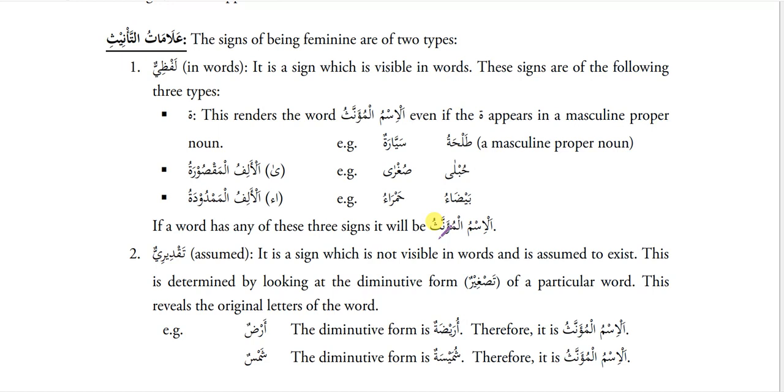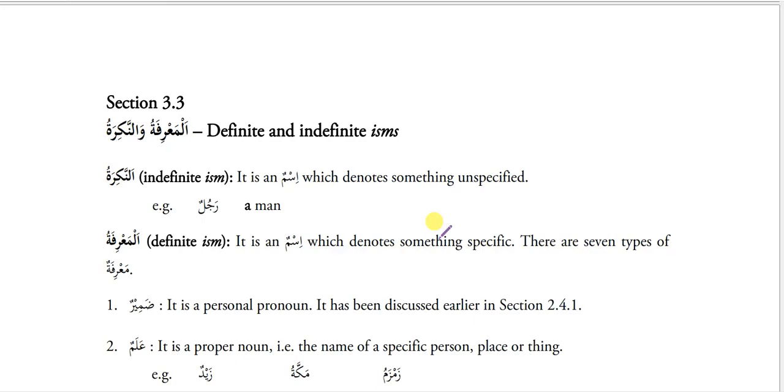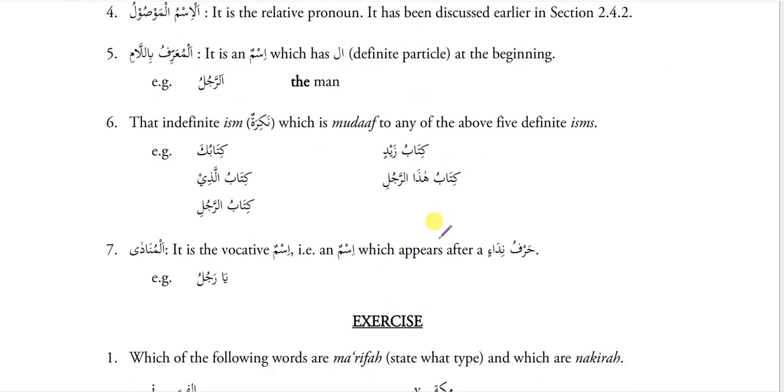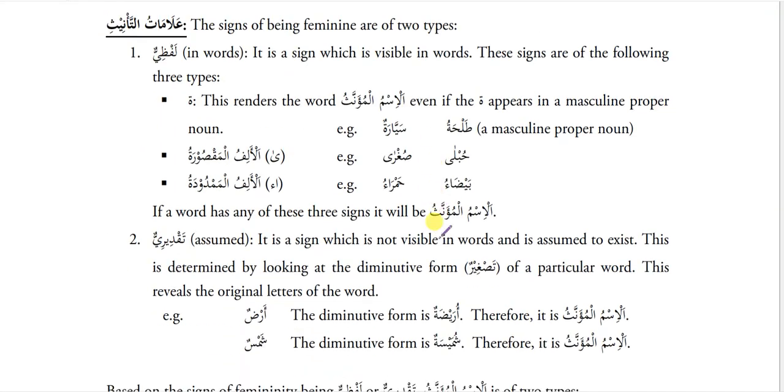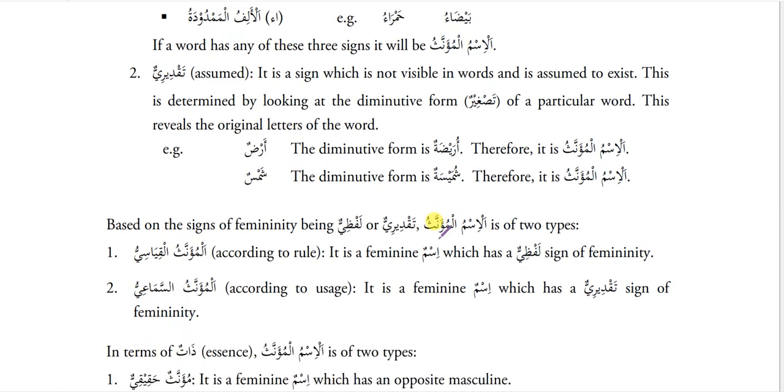Here the word talha is actually a muzakkar word with a muannas sign. So here talha is not a muannas word but a muzakkar word. So it is just an exception. Then if a word has any of these 3 signs, it will be ism muannas.